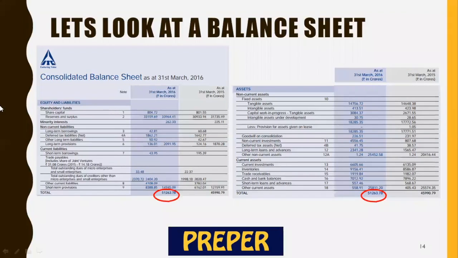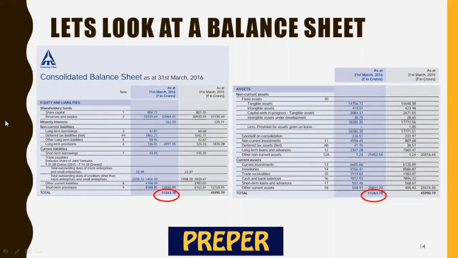What minority interest represents is that sometimes there is a third party company or investor who owns a significant portion of the company, and that gets shown in minority interest. So this actually is part of shareholder funds, but because the amount is sometimes significant, it is represented separately. So this minority interest represents the stake of a third party company in ITC.